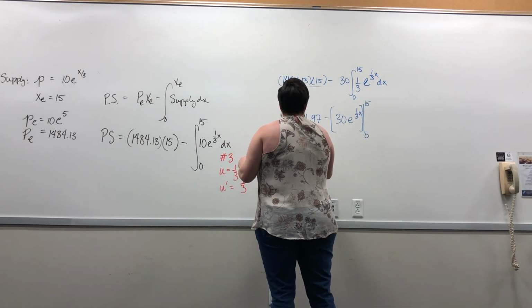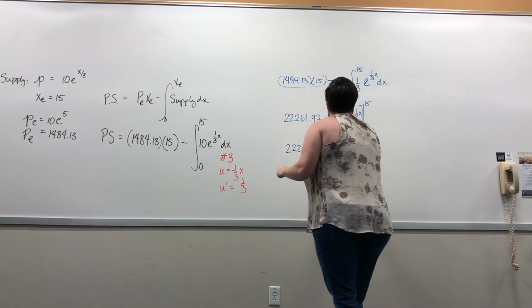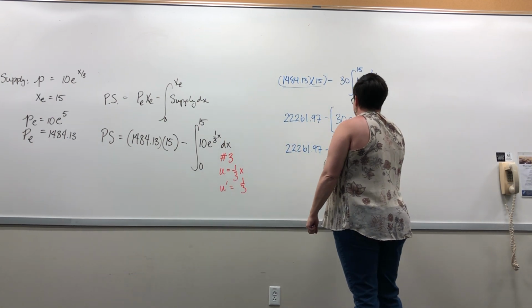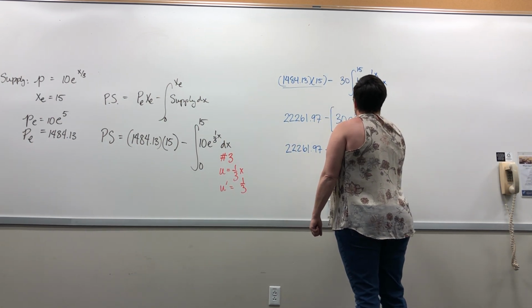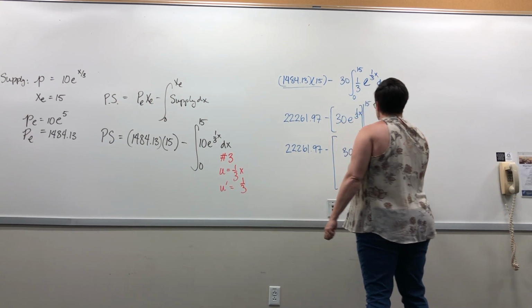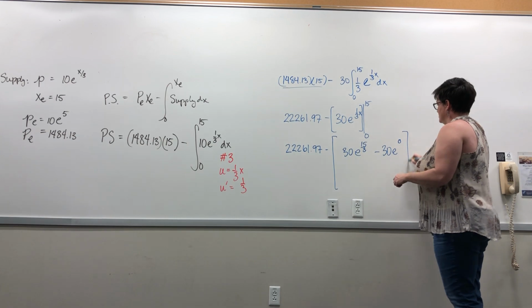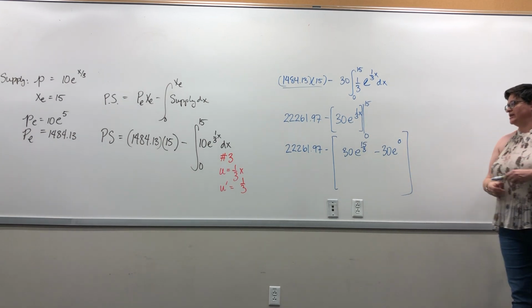Watch. 22,261.97 minus, I'm going to big bracket this, 30e to the 15/3 minus 30e to the 0. Big bracket.